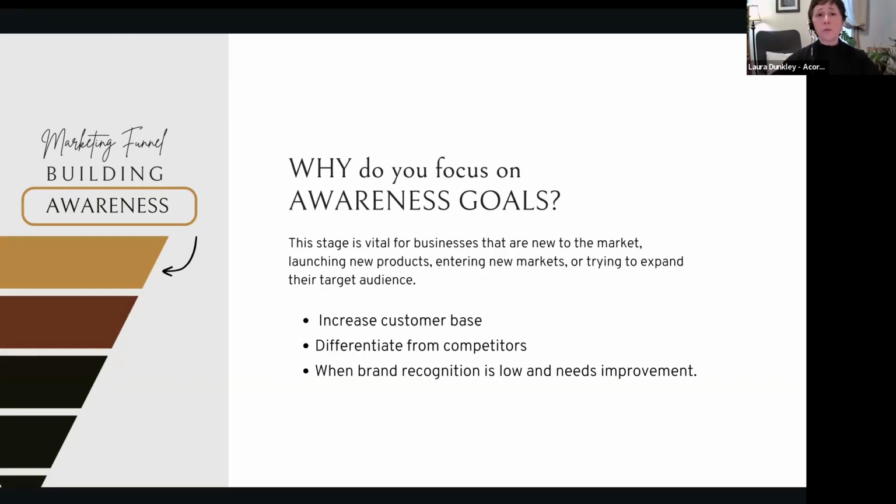So for marketing people, there's a lot of marketing people, but what's going to differentiate us? While we're getting eyeballs, they want to see what the eyeballs are and who we are. So we're differentiating ourselves from competitors. And the other time is if brand recognition is low or needs improvement.